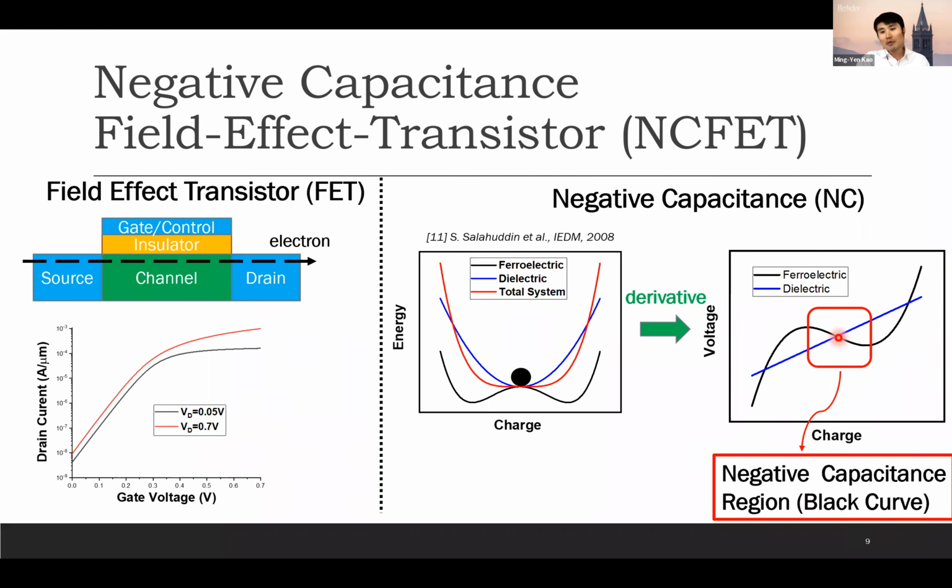If we can operate our transistor within this range, this red box, we know that the derivative of charge and voltage will be the capacitance. We see this negative slope, which means there's a negative capacitance region. If we can operate our field effect transistor within this range, we can make use of these negative capacitance benefits. I'll talk a little more about how we make use of that negative capacitance in the next slide.